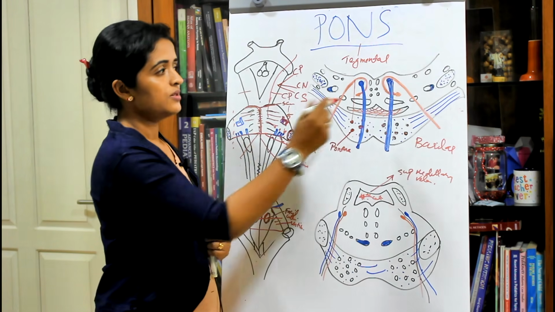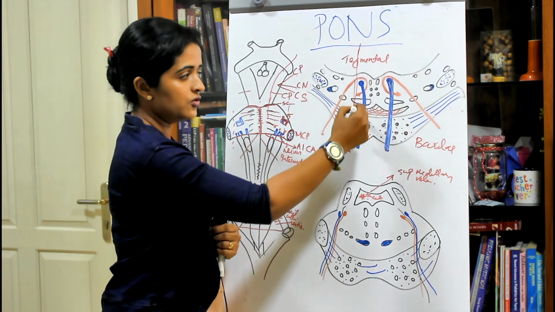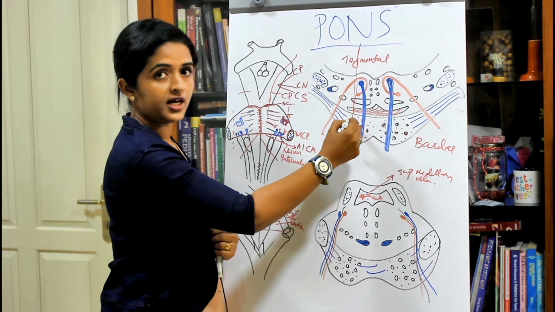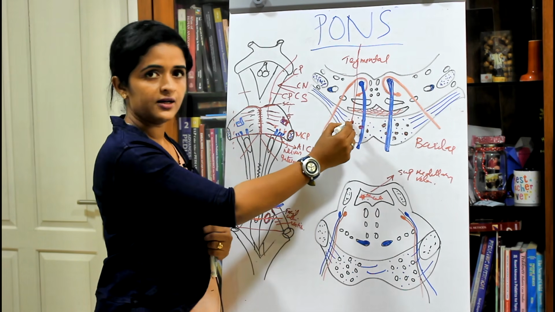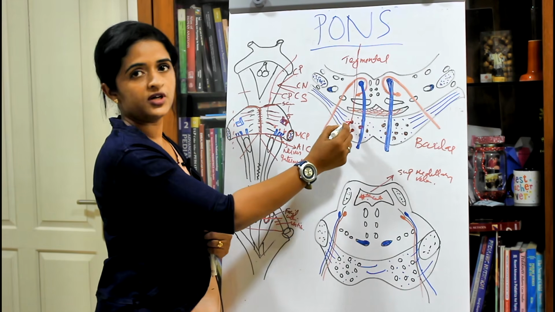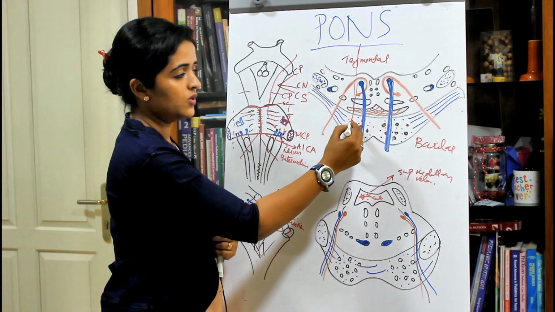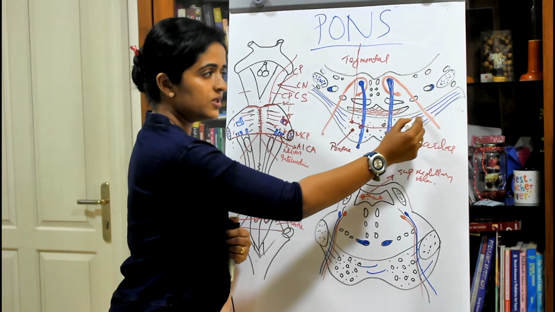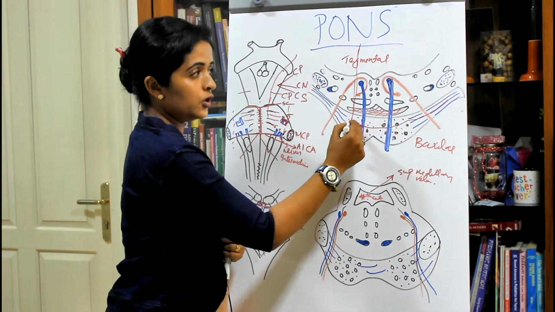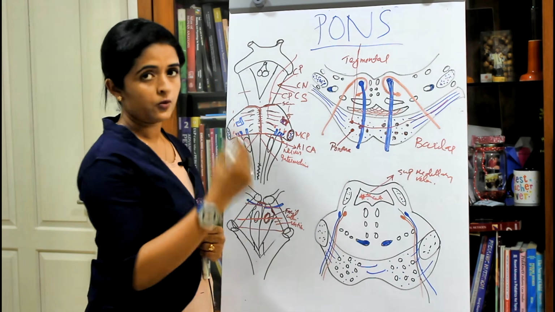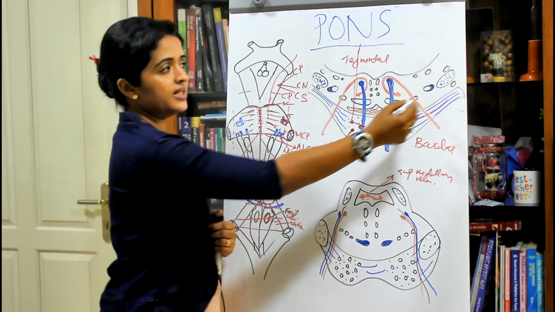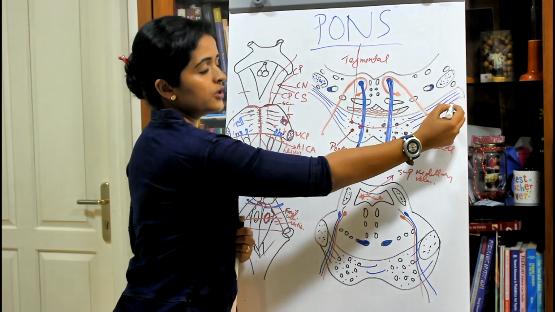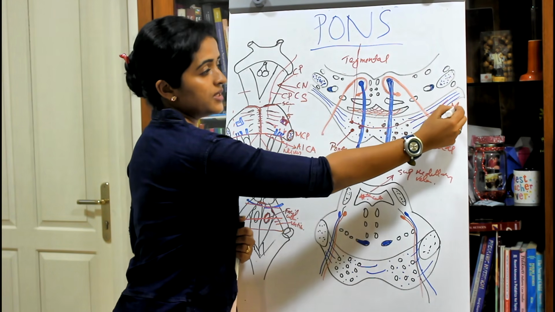As the word implies, the corticopontine fibers reach and relay in the pontine nuclei of the same side. And from these pontine nuclei, the fibers will cross to the opposite side as pontocerebellar fibers, and they will reach the cerebellum through the middle cerebellar peduncle.